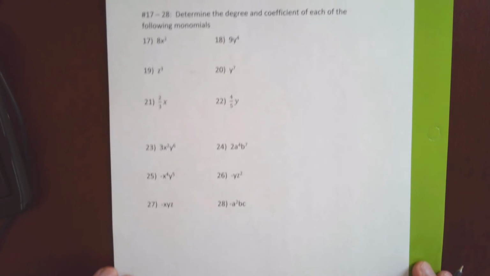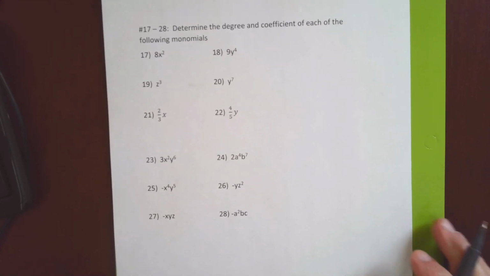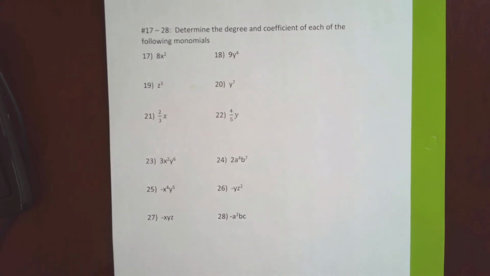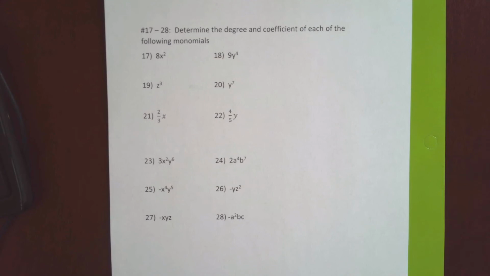In problems 17 through 28, each problem has a monomial, and we have to determine the degree of the monomial and the coefficient.